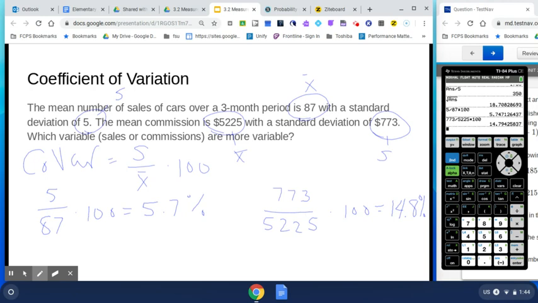So in order to determine which one is more variable, you look for the higher percentage. The higher the percentage, the more variable the data. So we see 14.8% is higher than 5.7%. Therefore, the commissions is more variable than sales.